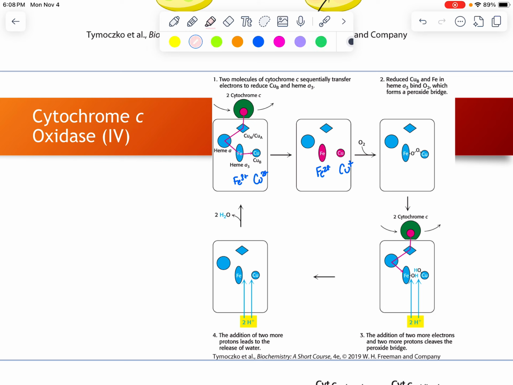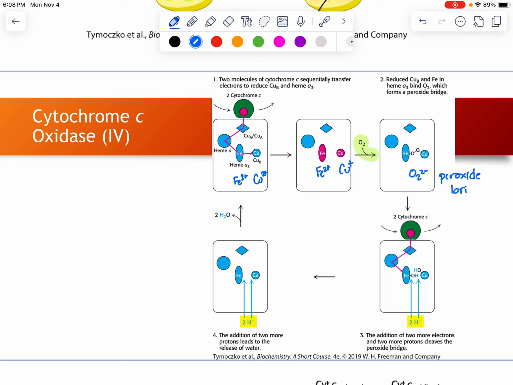Oxygen comes in. When it comes in, it sees those extra electrons, and it picks up those electrons. We get this kind of O2 minus, but it bonds and sits between that iron and copper. We have essentially a peroxide bridge.